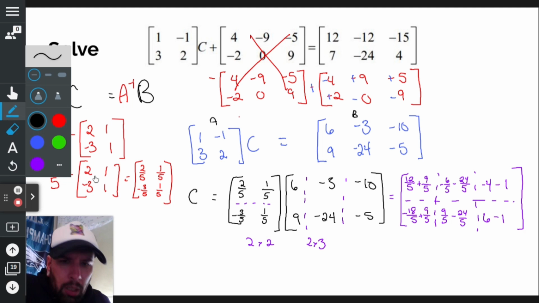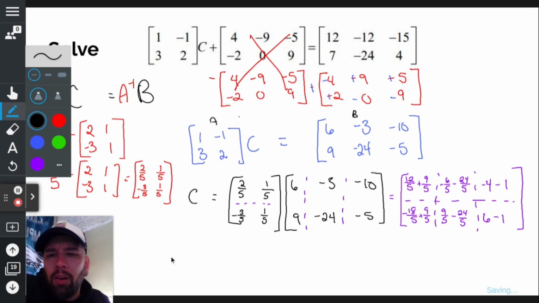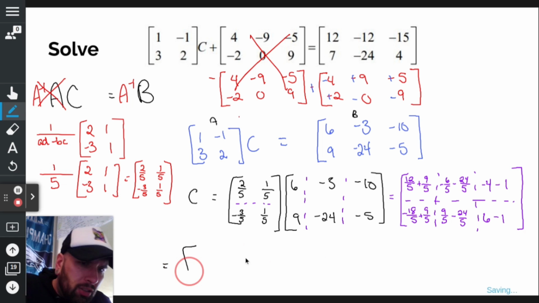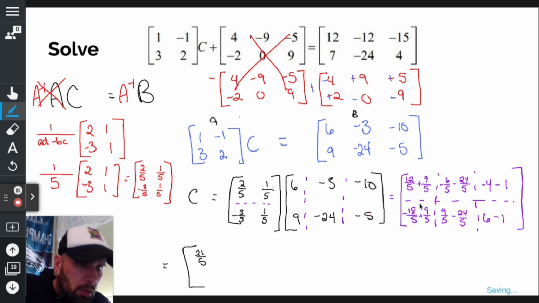All right, so let me get rid of this, just in case things simplify. I'm going to leave my space down here. So we have 21 over 5, 9 plus 10 over 5, negative 30 over 5, so I'll deal with that in a second. Negative 5.